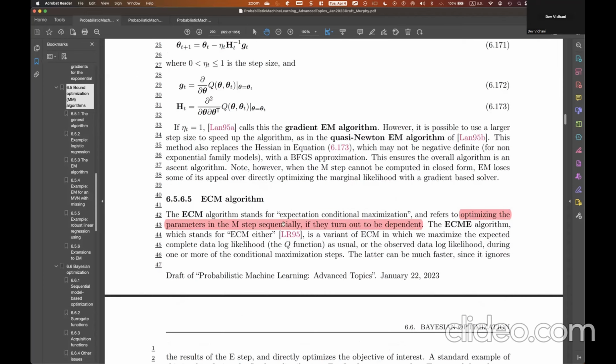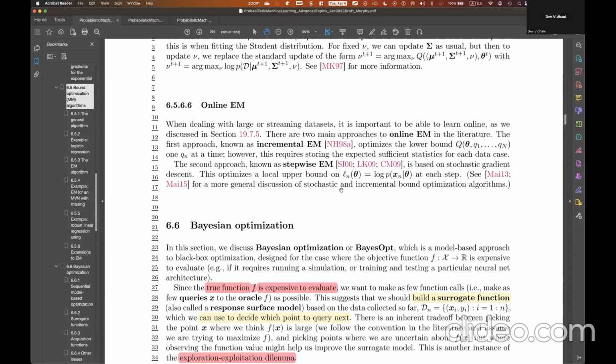GEM is another one, and the ECM is when the parameters are dependent on each other. So there are algorithms to handle all of those. And then online EM is when you are updating your parameters based on new data that is coming in. So that's your EM.